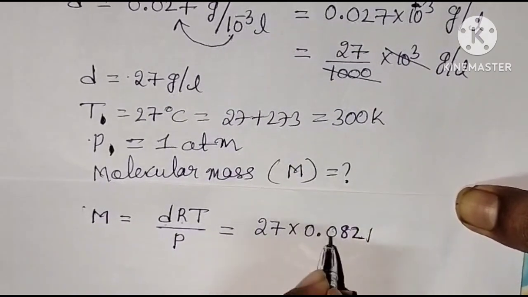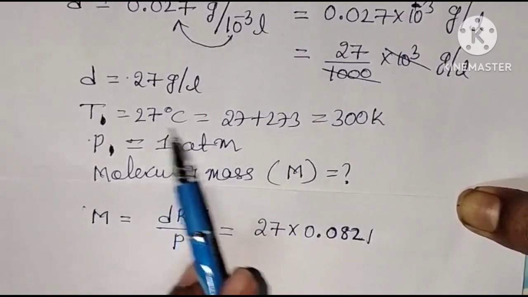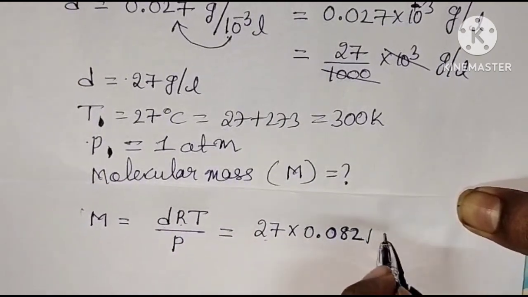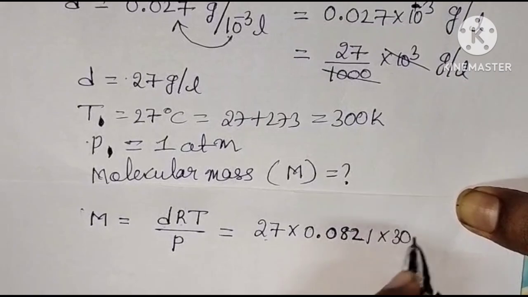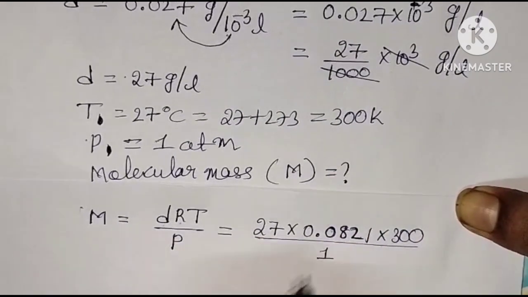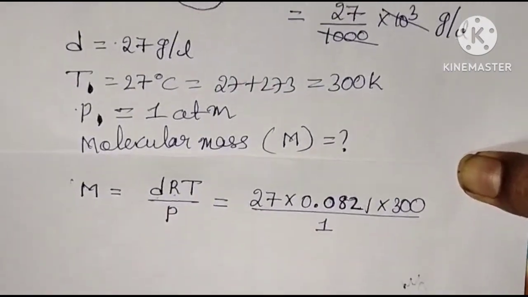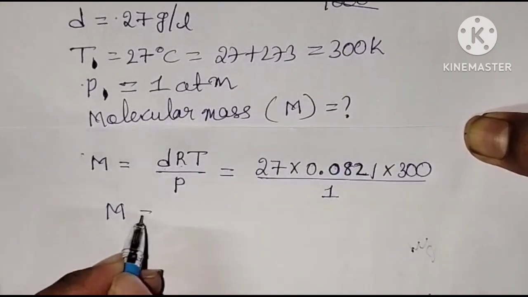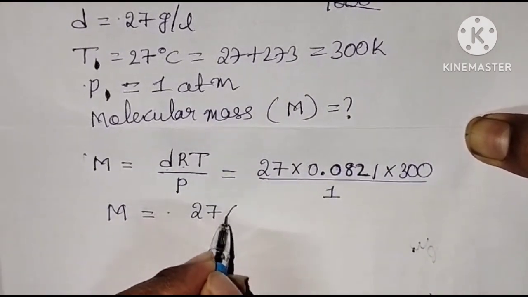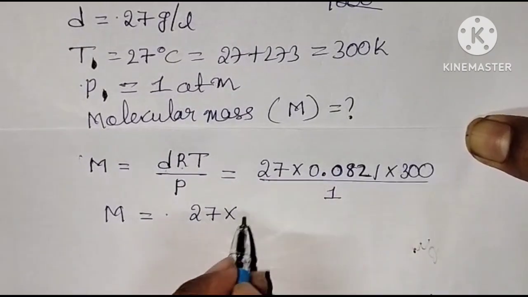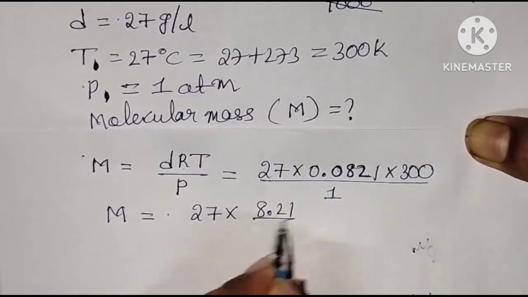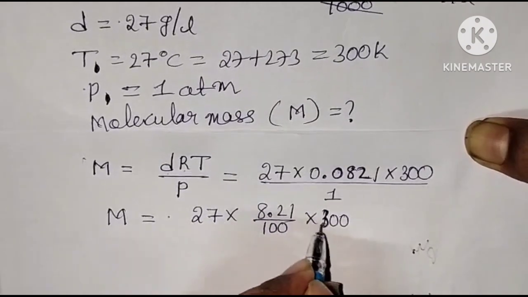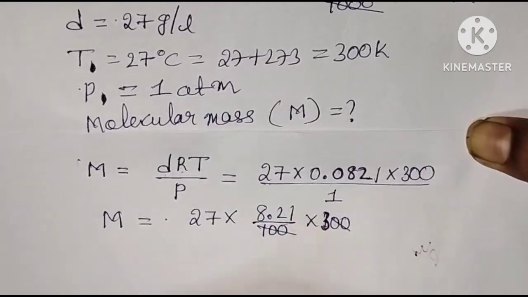If the given values are in liter and atmospheric pressure, then we consider 0.0821 into temperature 300 Kelvin by pressure 1 atmosphere. Let us simplify further. So M is equal to 27 into 0.0821, which can be written as 8.21 by 100 into 300. So the zero gets cancelled.